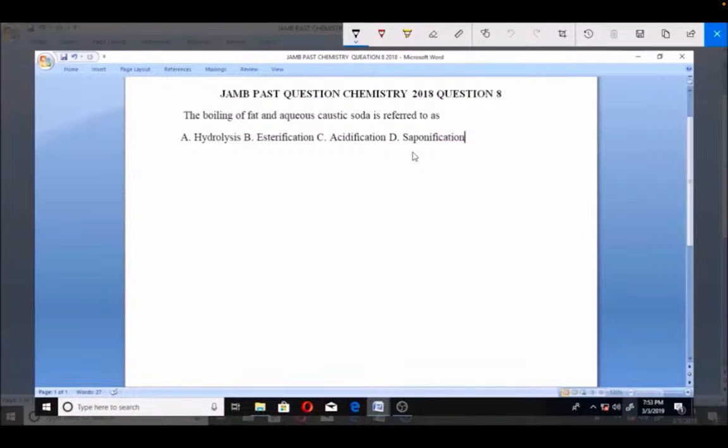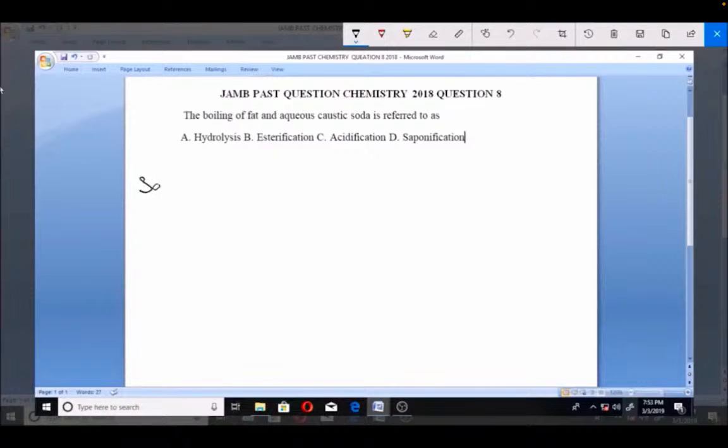And these salts are actually the principal constituents of soap. So saponification is the process of producing soap by hydrolyzing the fats with caustic soda. So the process here is actually saponification when you look at these definitions.